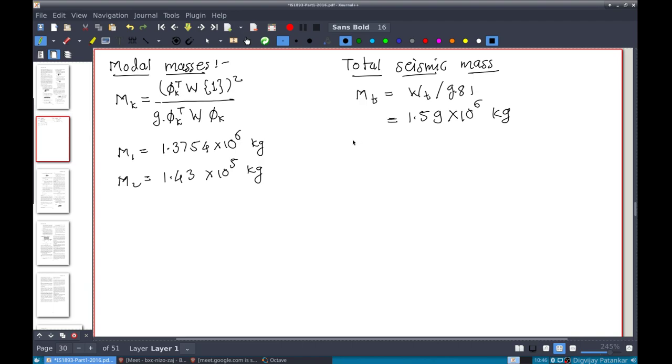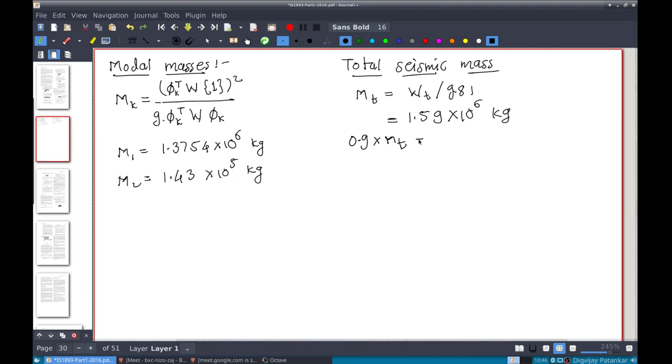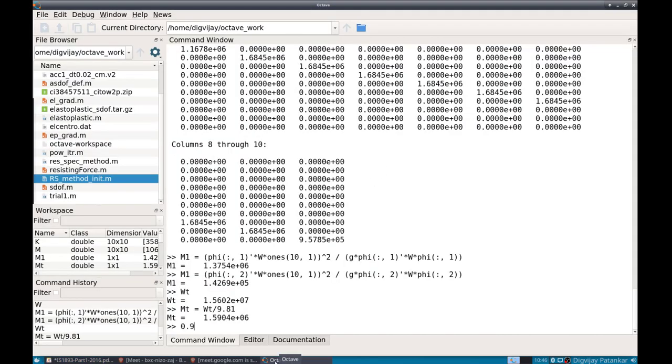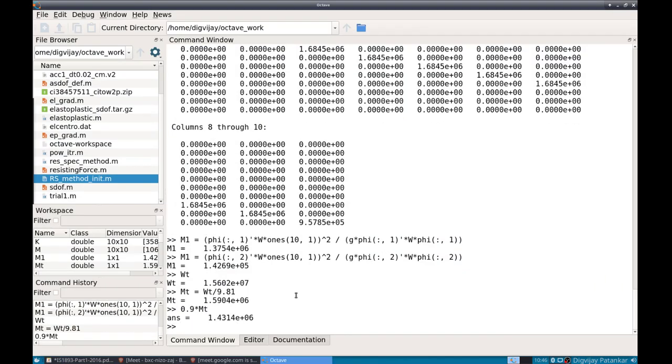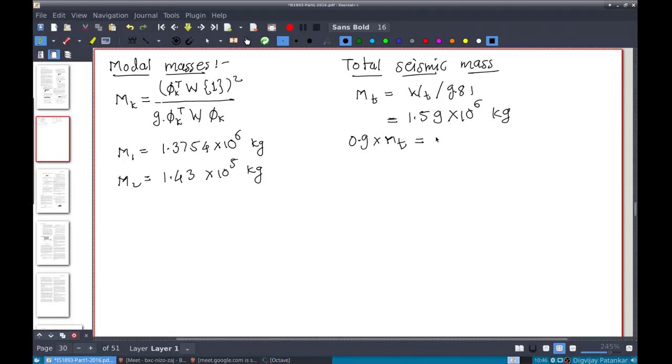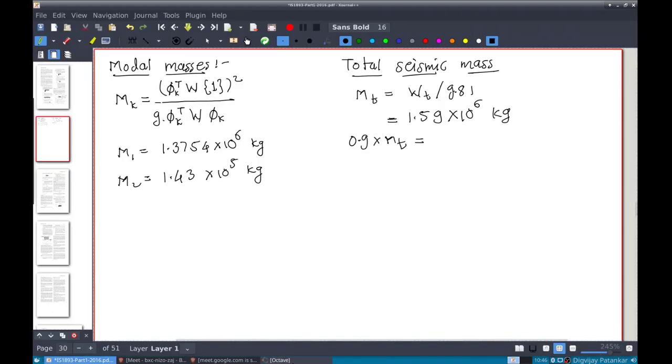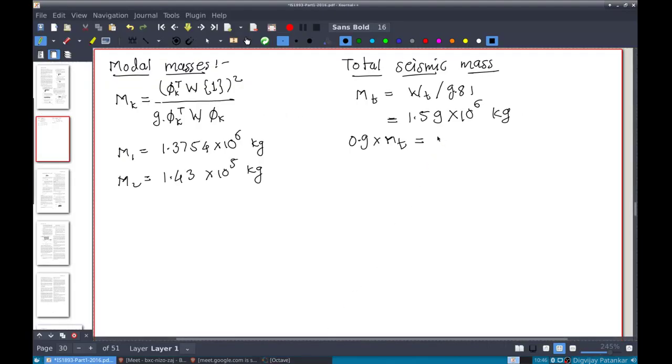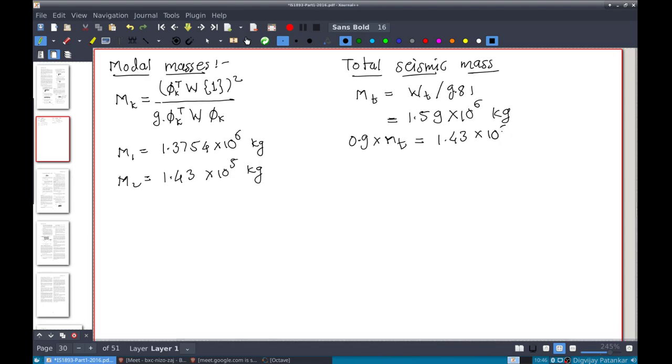Okay, so now what we have to do is 90% of this. 0.9 times MT is equal to how much? 1.43 into 10 to the power 6 kg.